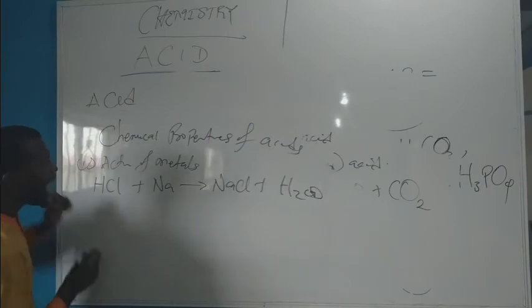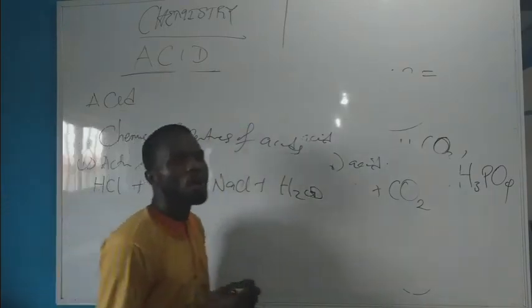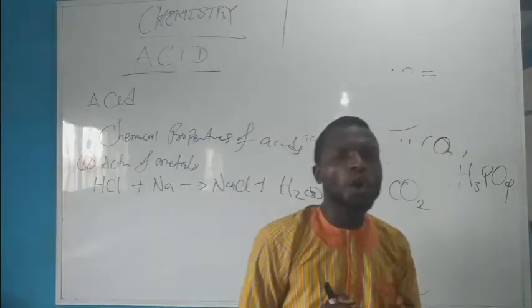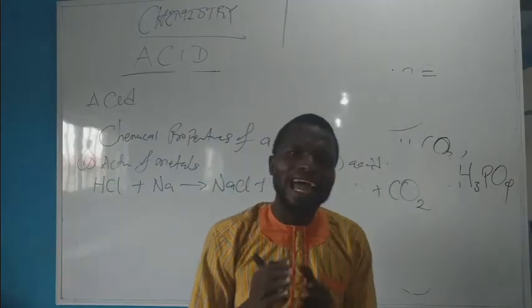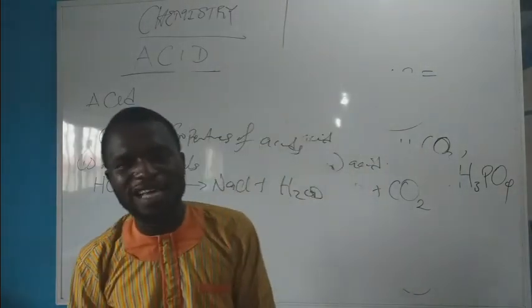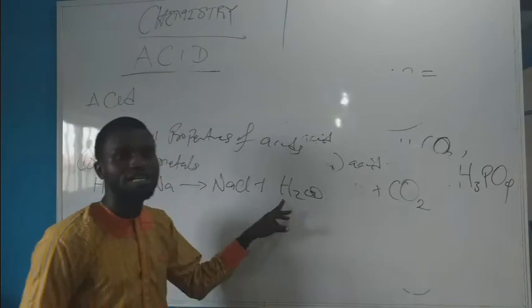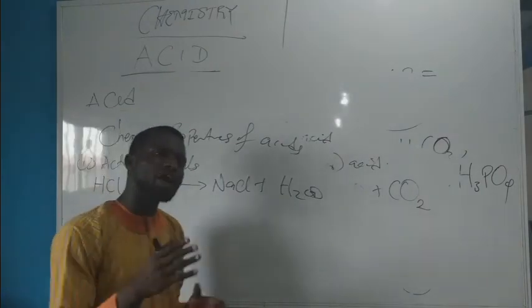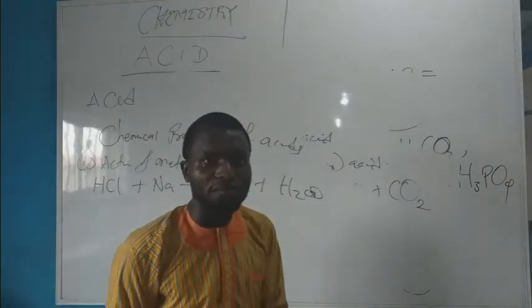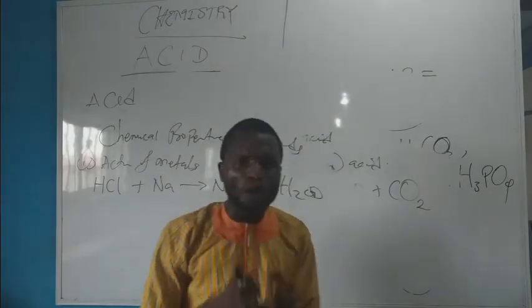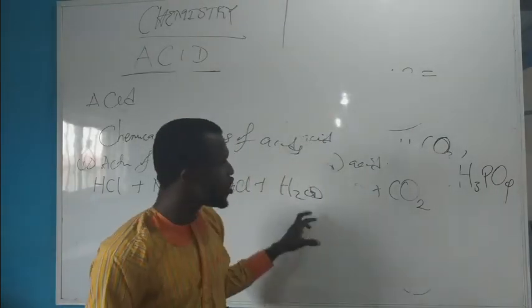However, note that HNO3 combines with metal to liberate nitrogen 4 oxide gas instead of hydrogen gas. This is because trioxonitrate 5 acid, old name nitric acid, is a potent or powerful oxidizing agent.